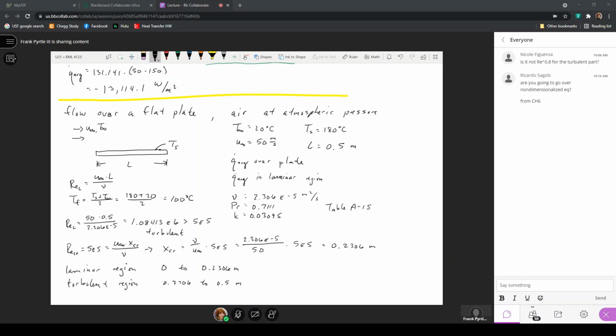So that's how we could determine what the proportions of laminar to turbulent are, the laminar region and the turbulent region.